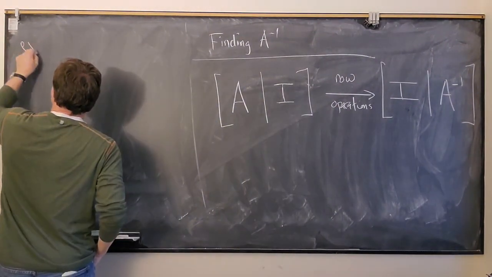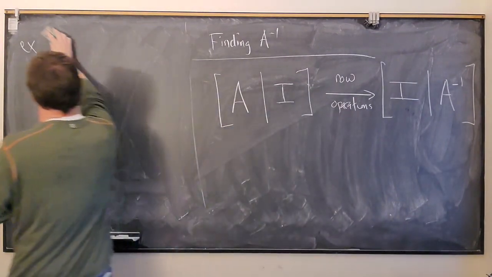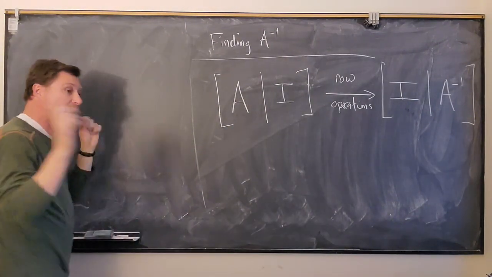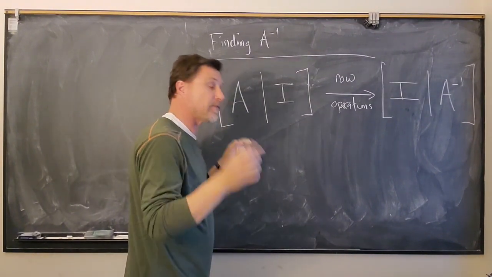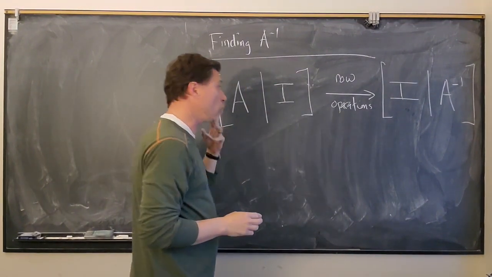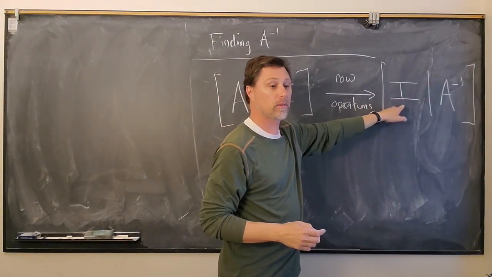All right, so now let's try an example. Oh, and before I do the example, this can be carried out if and only if A is an invertible matrix. If not, we will get stuck. You will not be able to get A turned into the identity matrix.